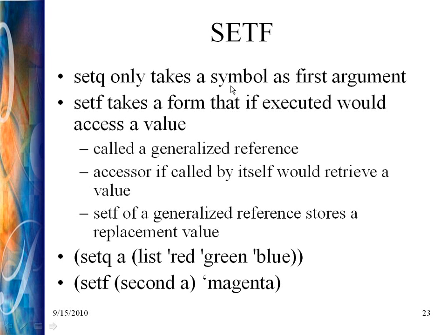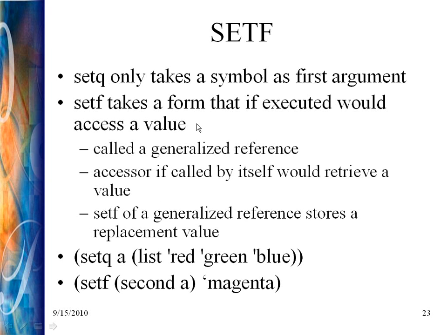A symbol accesses the value of the symbol viewed as a variable, but other things like first, as I demonstrated, car, cdr, all of those things also access values in a list, and therefore with setf you take that form, in this case second of A, and you're saying change the value which is accessed by the second of A, and change that value to magenta.